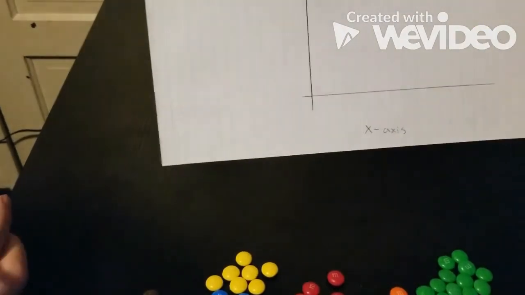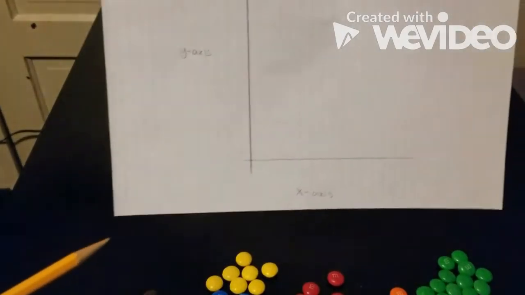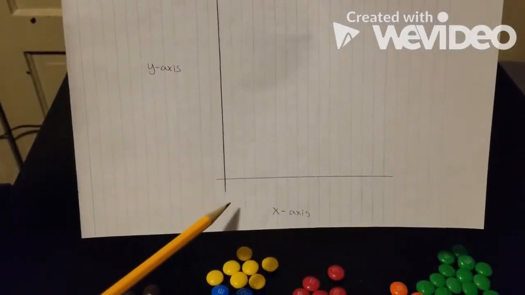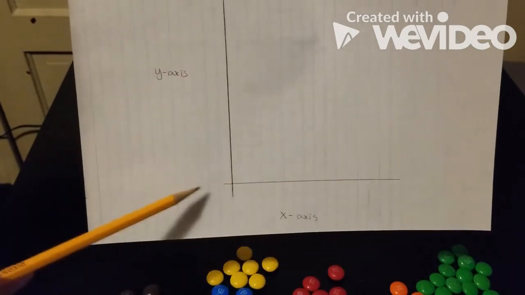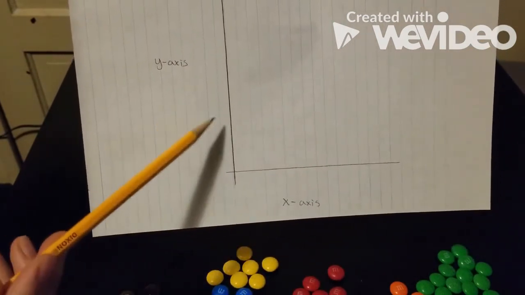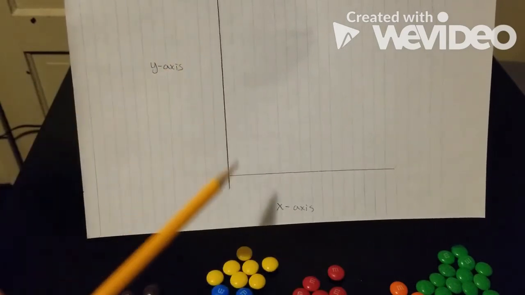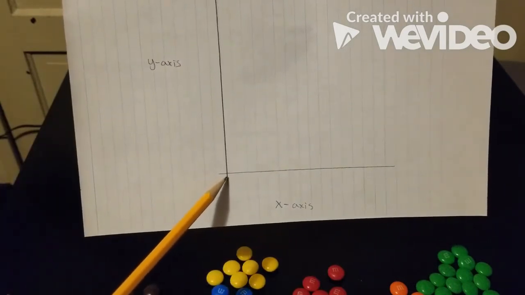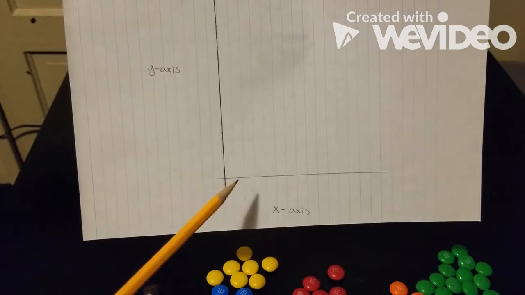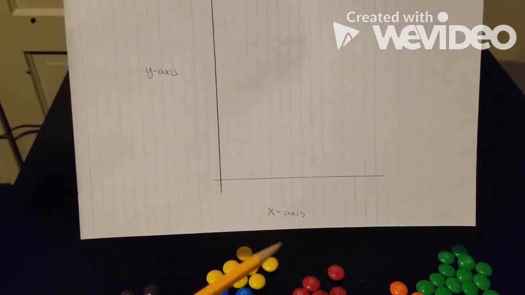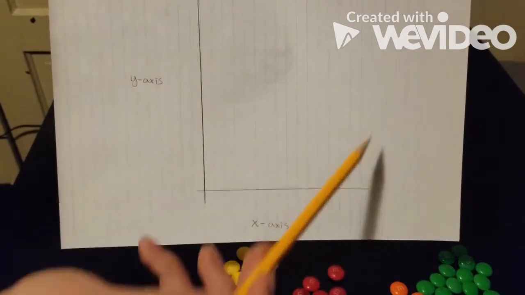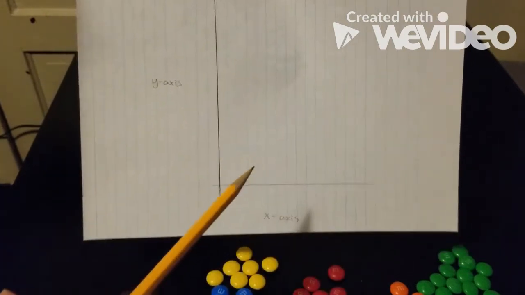See? Just like that. You can see how the x-axis goes from side to side, and the y-axis goes up and down. They meet right here, so that is a complete graph. Everything that we record on our graph is going to be right here in this little box area.